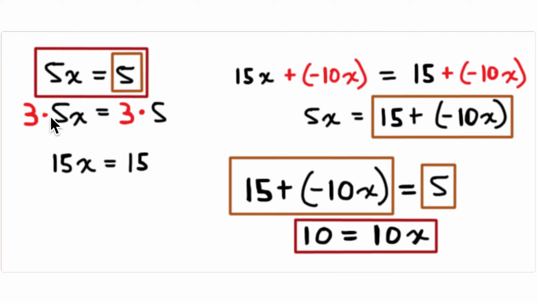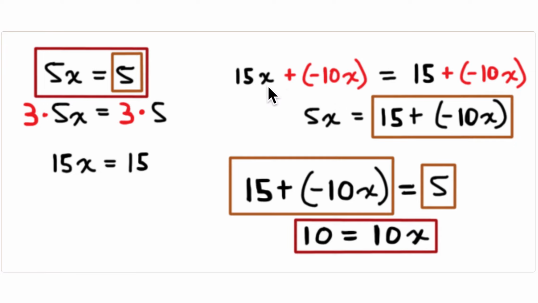So if I multiply each term by 3, this becomes 15x equals 15. Now can I use this and use addition to get back to here? So same idea. I'm going to change this 15x to 5x by adding a negative 10x. Now notice that this is two groups of 5x, actually two groups of a negative 5x.